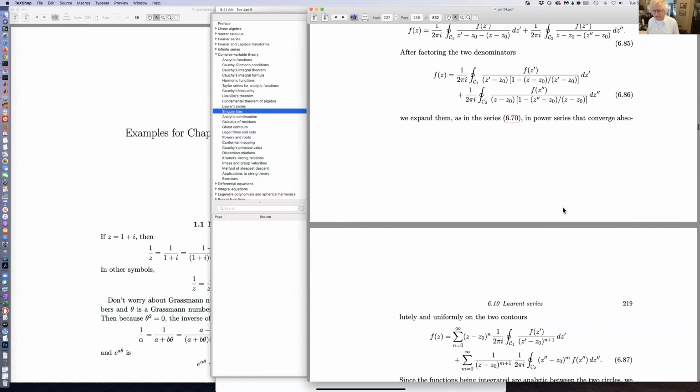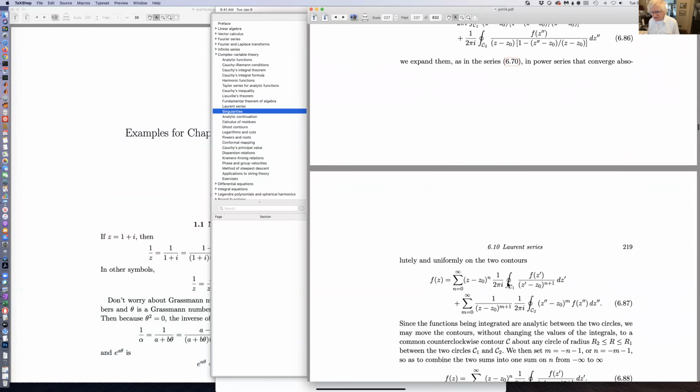Actually, let me re-say that. On C1, Z prime minus Z0 is greater than Z minus Z0. And over here, Z minus Z0 is greater than Z double prime minus Z0.